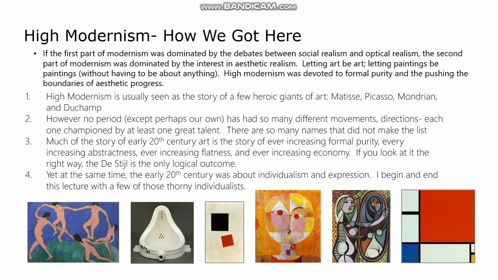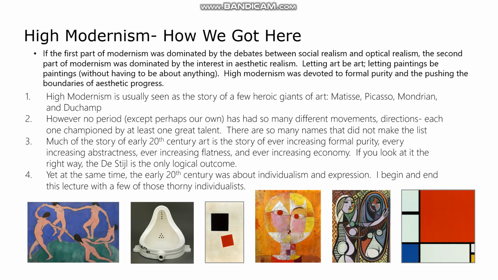Another aspect of modernism that continues into the high modernist period, let's see, what did I cover? I covered the belief in progress, formalism, and the artist. Oh yeah, and in the 19th century, a very important part of modernism was this interest in realism and honesty, in portraying things the way they really are.